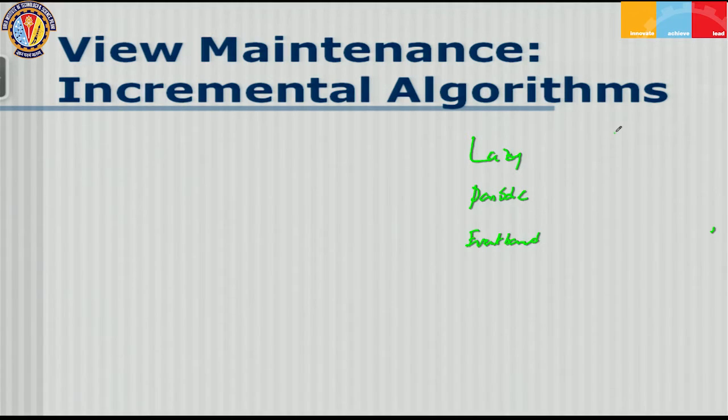For lazy, currency of data is always maintained. Periodic, not necessarily. Event based, not necessarily. Okay, are you getting this?